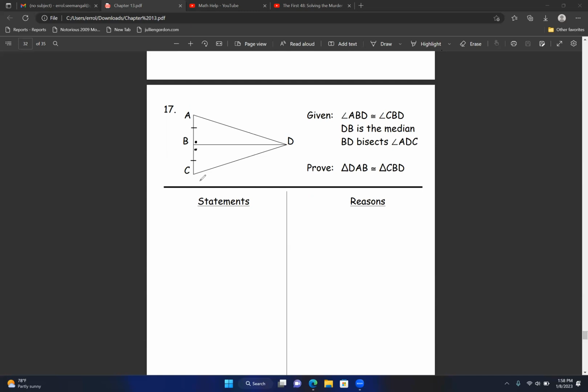That means that this is the same as this. So which one of the four is that one? Angle, side, angle. It could be ASA. Could it be SAS too? Yeah. Side would be this, angle would be this, and then the common side would be this. So it could be either of these.